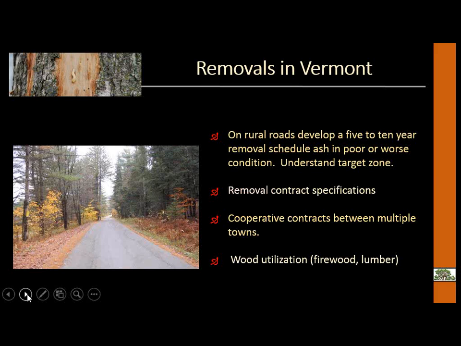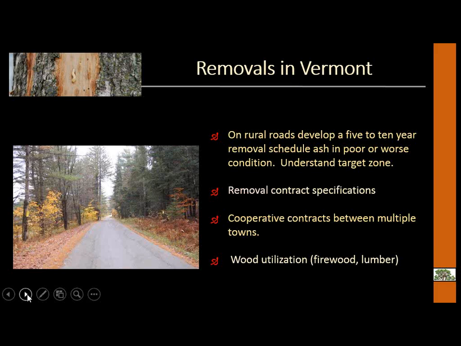Contract specifications allow towns to get tighter control over the cost of the removals. I mentioned the average per inch price in the Chicago area is about $11 an inch. That's over all sizes of ash trees. We have bids that come in at $7.50 per inch up to a 20-inch tree. So the tighter your contract specifications and the more broad number of contractors you have bidding, the more control you have over that pricing.